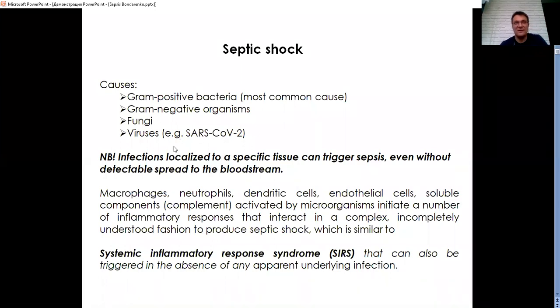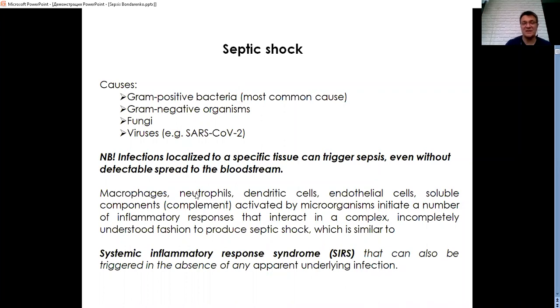In fact, everything we may see in the pathogenesis of COVID is basically associated with secondary changes in our immune system and an excessive response of our immune system against this virus. And indeed, we see the cytokine storm, which is one of the features of septic shock, of the septic condition.